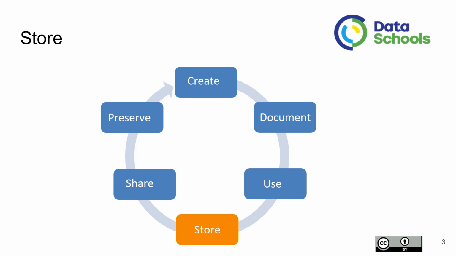The data lifecycle is the sequence of stages that a particular unit of data goes through from its initial generation or capture to its eventual archive and/or deletion at the end of its useful life. This slide indicates where data storage is located in the data lifecycle, which is the stage that I'll be focusing on.